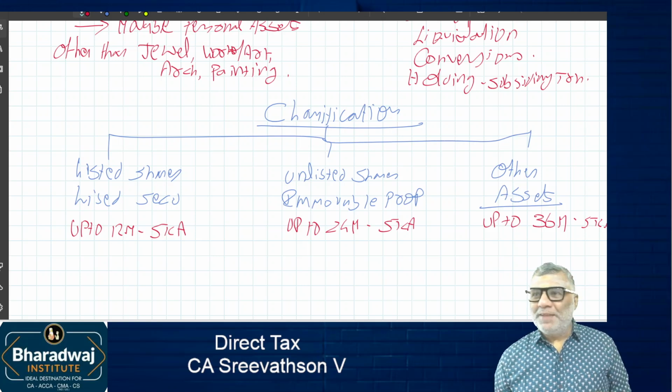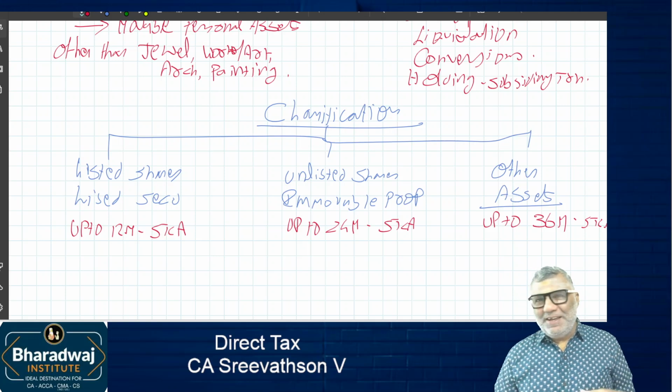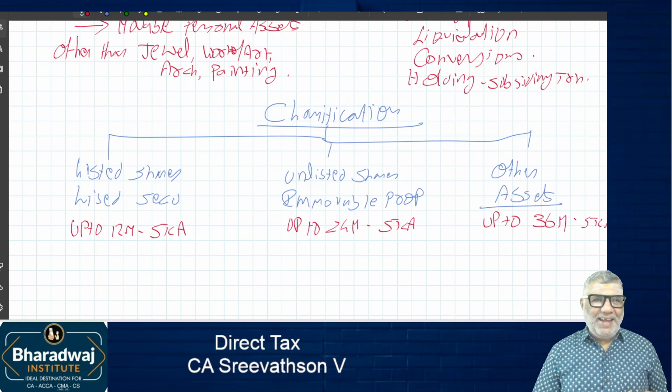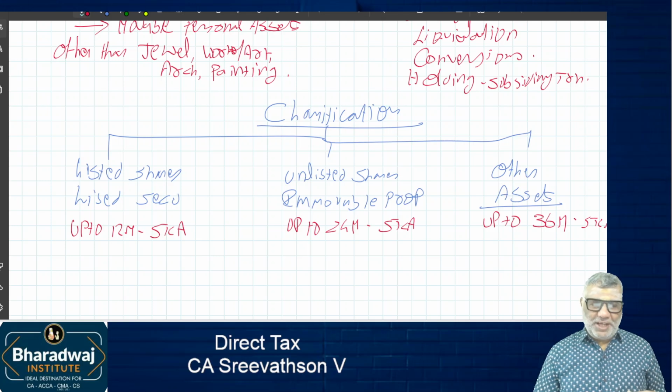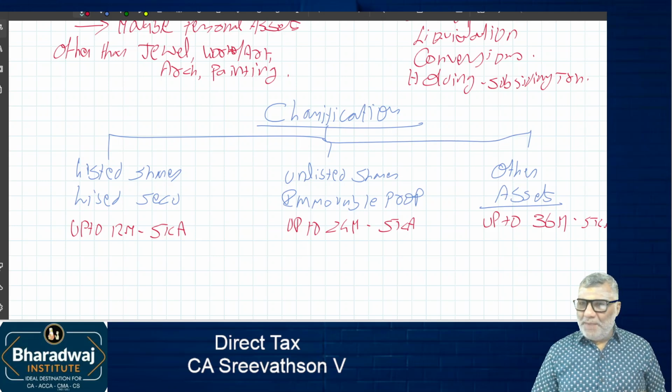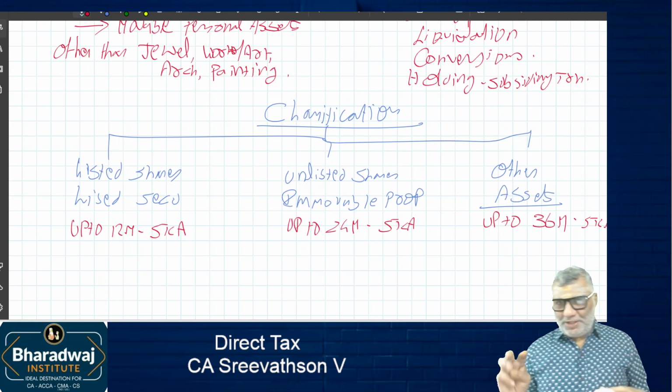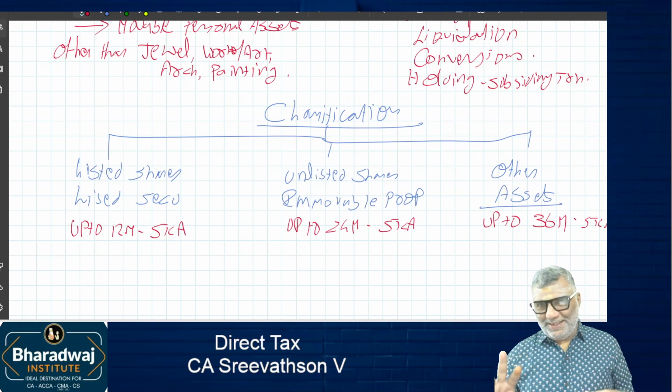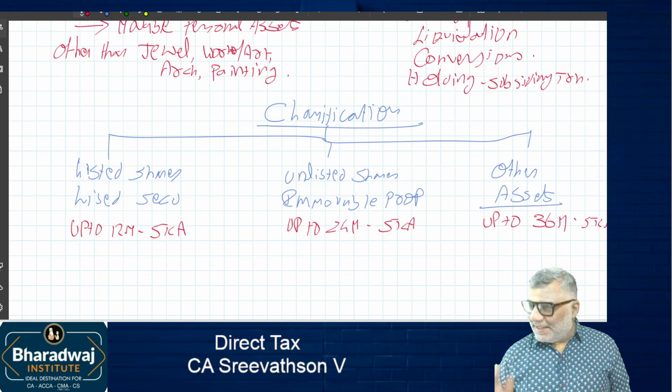Indexation is neither gone nor there. It is in the midway. Imagine my position that I have to teach three provisions now. If the sale has happened before the budget date, which is July 23rd, with indexation.